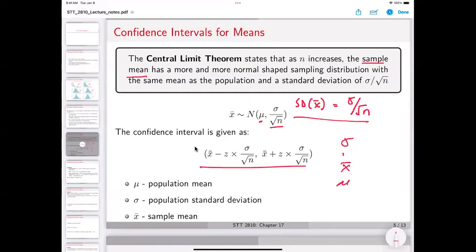We don't even need to worry about that because we know how to get the z from StatCrunch. Does that make sense? When we are dealing with proportions, we use the z to get the critical value. So I want you to note that this is the confidence interval of the sample mean when the population standard deviation is known. Any questions so far?